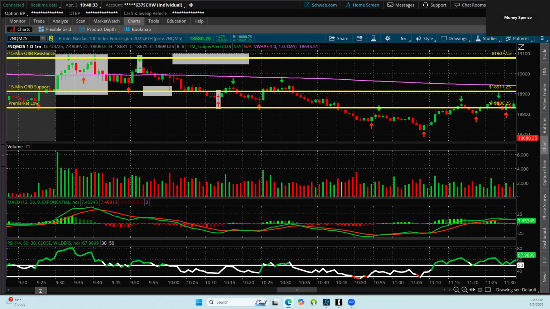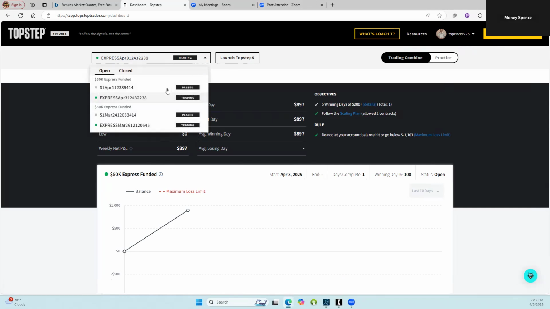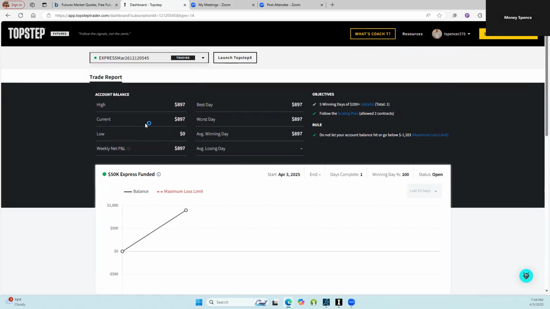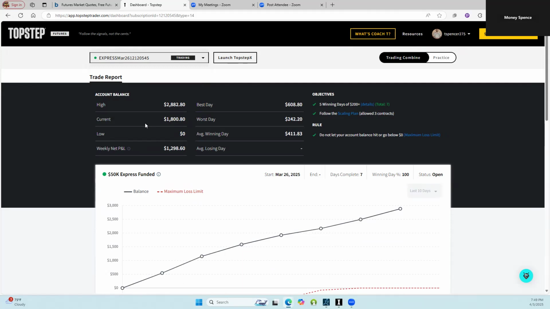Before you take a deep dive into trading futures, make sure you're practicing in a demo account first, because you don't want to get into a habit of paying for multiple combine accounts and spending an excessive amount of money on combines. Make sure you work on your trading strategy first.